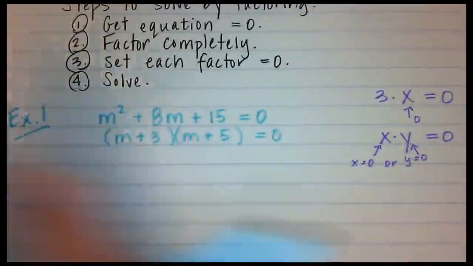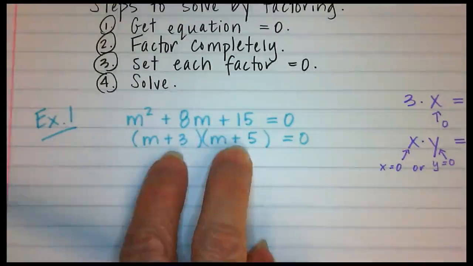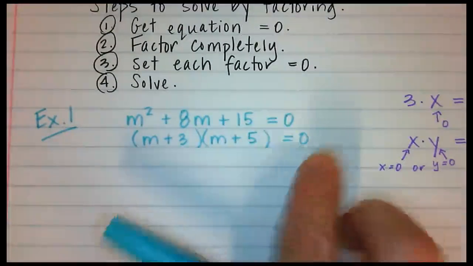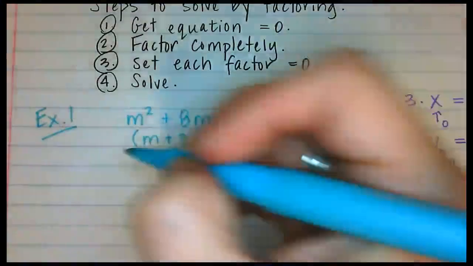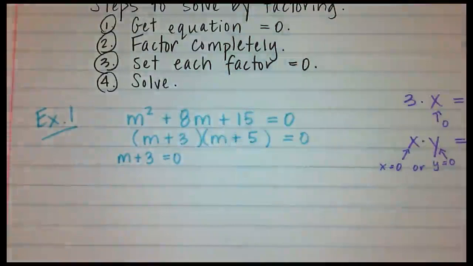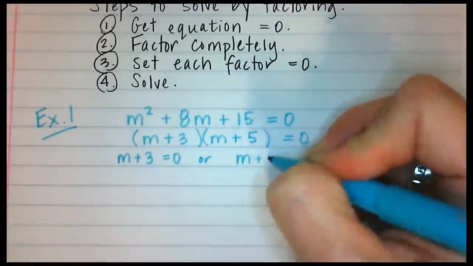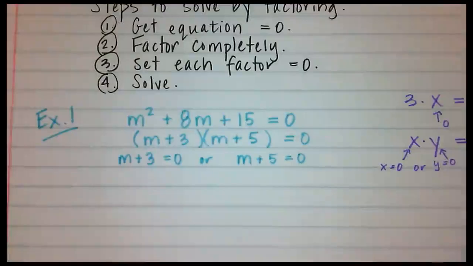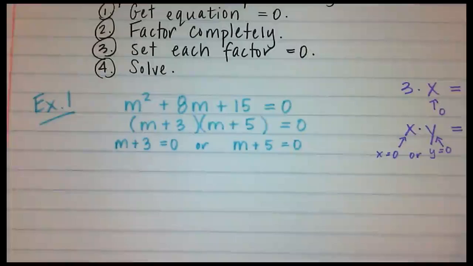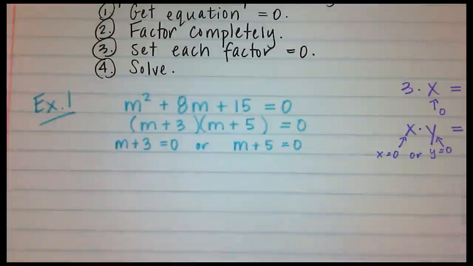The way that relates to this is that I'm multiplying these two things together and getting an answer of 0. So what that means is either m plus 3 has a value of 0 or m plus 5 has a value of 0. The point is, I don't know which one it is, so we figure out both of them. That's step number 3, set each factor equal to 0.